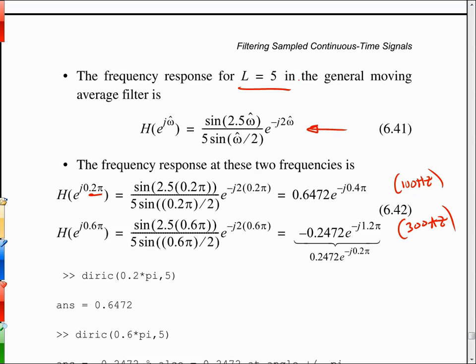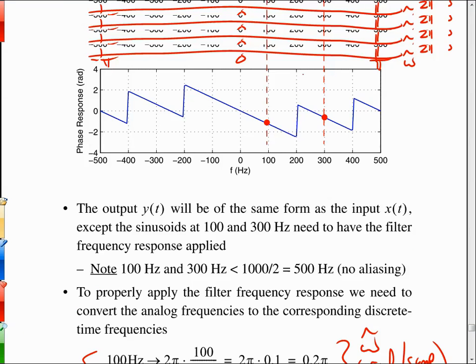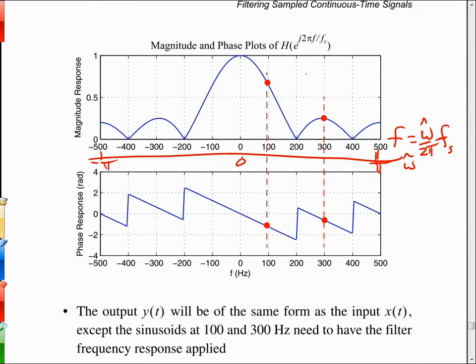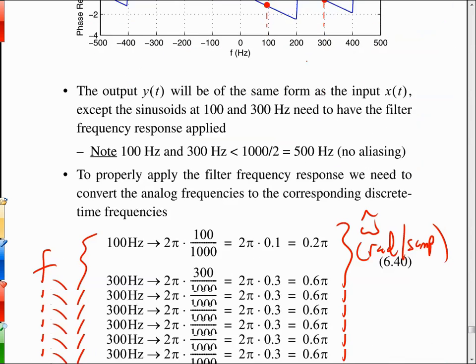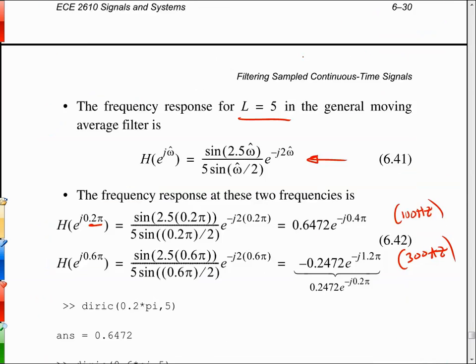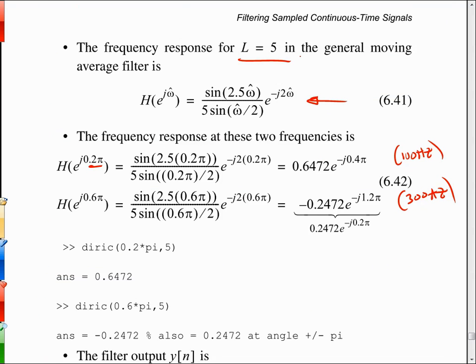We already have an idea about what the filter is going to do because I went ahead and made this picture, and those red dots indicate what the gain and the phases are just pictorially. We don't know the exact precise number. We can guesstimate it just by looking at the picture, but what we get from down here is the exact amplitude, and that's the exact phase shift.